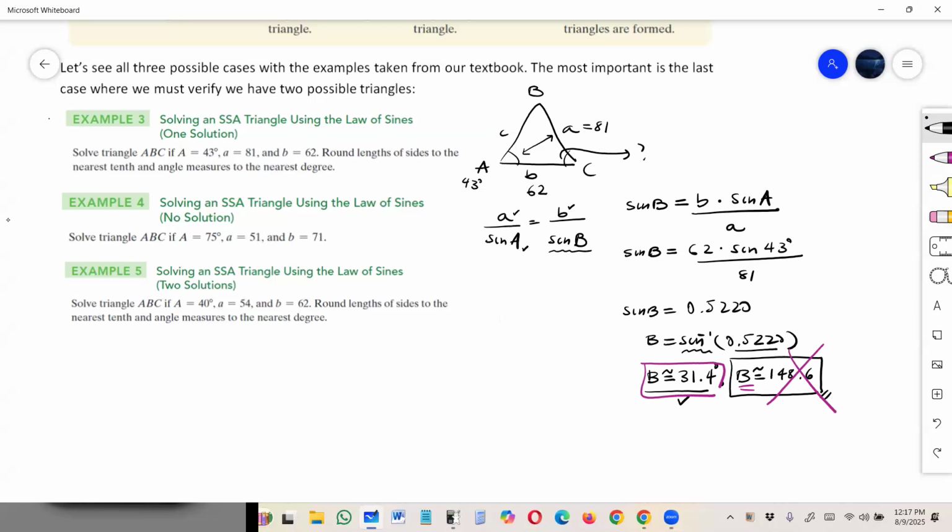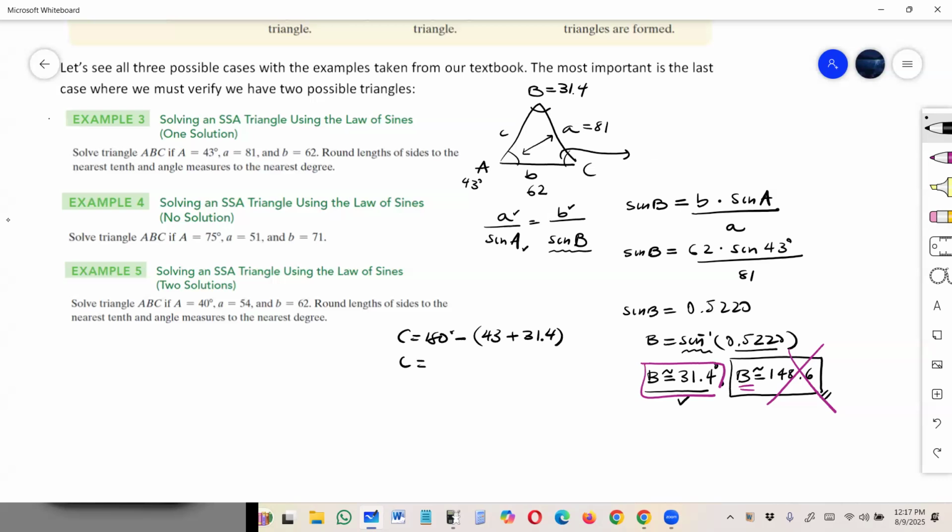Now, B is already 31.4. So we go back here, and I can immediately find C. So C is going to be 180 minus the 43 plus 31.4.